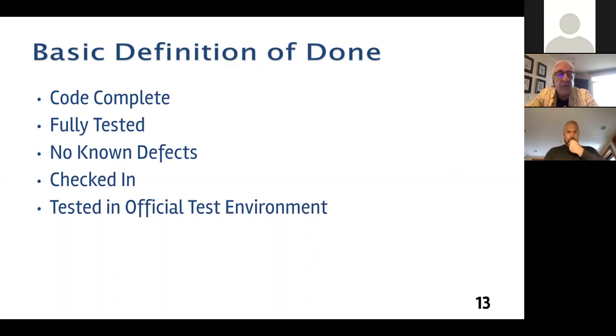This is a sort of overly basic definition of done, but the stories will be code complete. They'll be fully tested, which in a Scrum environment usually means has a complete set of automated tests. There's no known bugs in the story. It's fully checked in and integrated, and it's been tested in the official test environment.